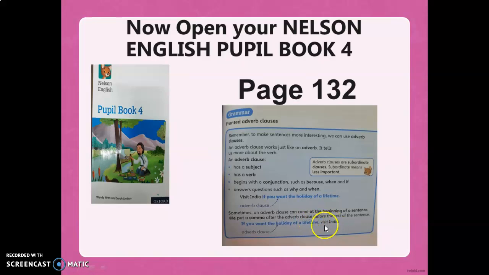All we did here is rearrange the sentence, where we put the subordinate clause first and the main clause after. If the sentence starts with the subordinate clause, or the fronted adverb clause, we have to put a comma here. It's a grammatical rule. It has exactly the same meaning but a different arrangement. Okay? Can we look at more examples?